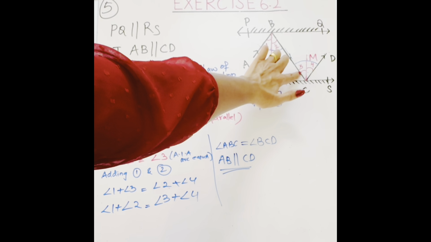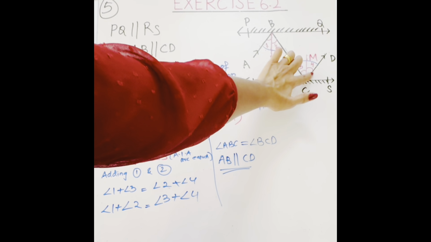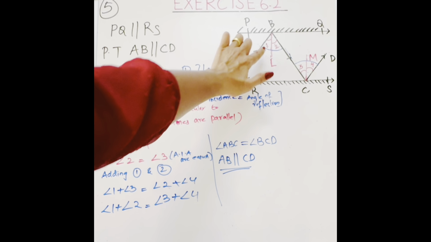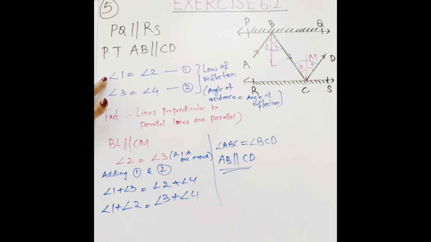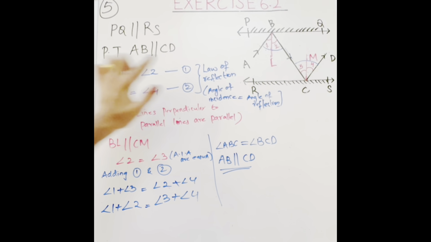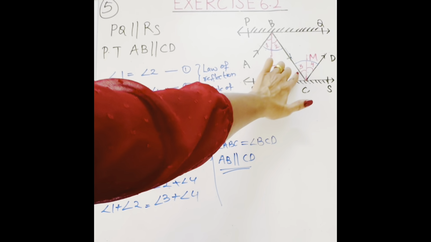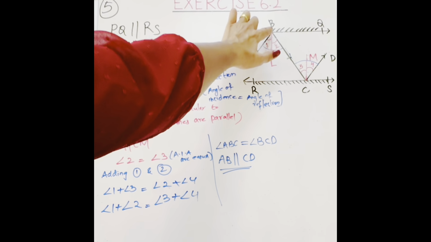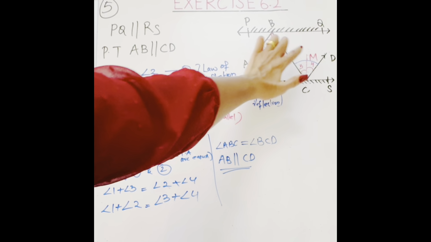Similarly, we had angle of incidence here and angle of reflection. And as per the law of reflection, we can say angle 1 is equal to angle 2 and angle 3 is equal to angle 4. Angle of incidence is equal to angle of reflection. It's the same for this as well. So we found these two out, and then we have these two lines BL and CM.